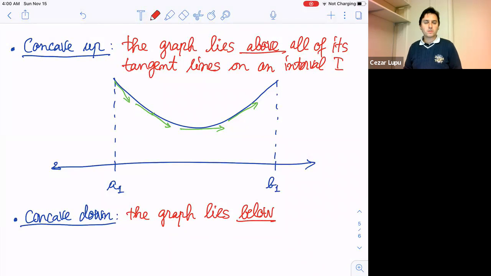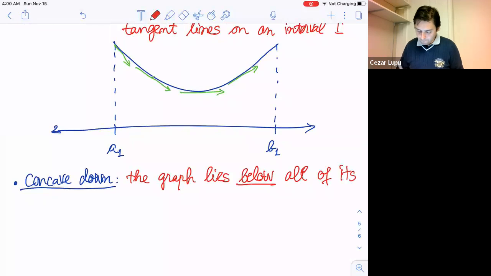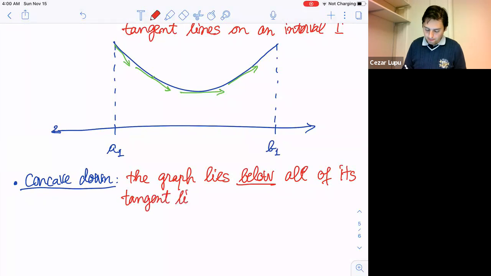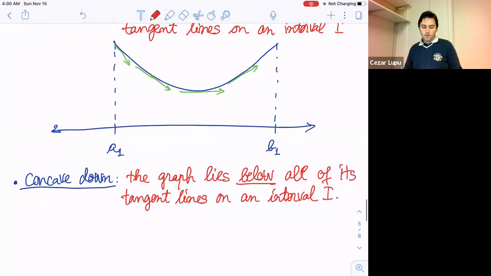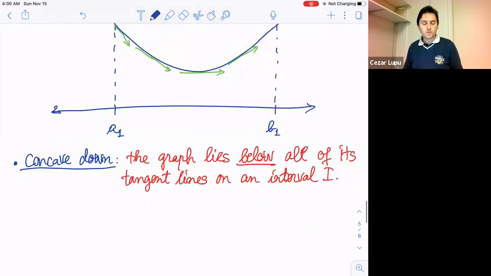So in the first case it was above, now it is below all of its tangent lines, right, on an interval I. And now let me just draw a similar picture.